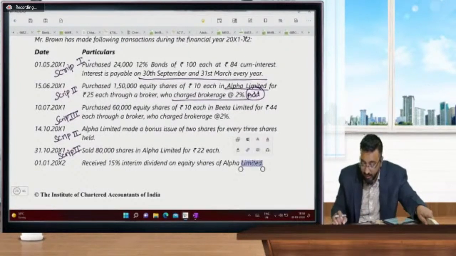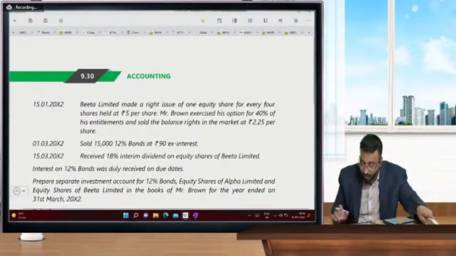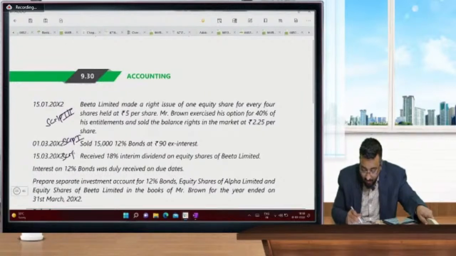Received interim dividend in Alpha. Script 2. Beta Limited made a right issue. Script 3. Sold 15,000 12% bonds. Script 1. Received interim dividend on Beta. Script 3.